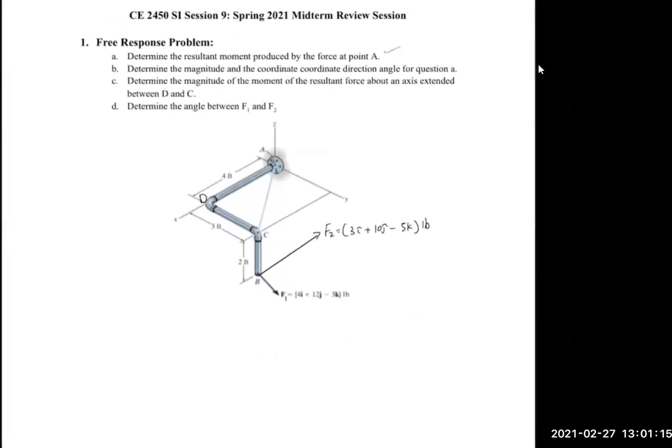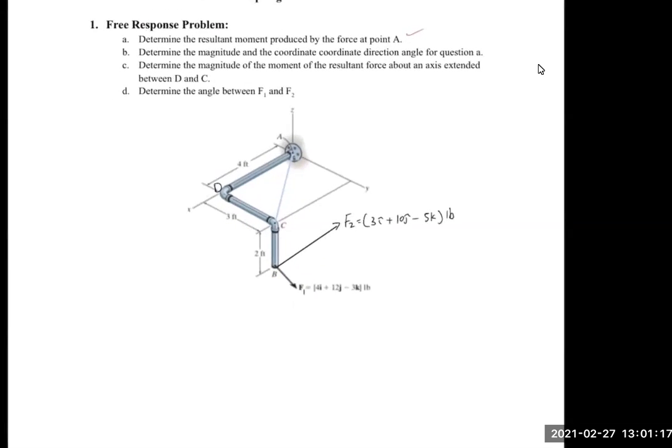All right, so let me see my solution right here. I worked this out last night, and let's just start this problem. Start with problem A. Determine the resultant moment produced by the force at point A. What we're going to do is that we want a moment at A, so moment at A equals R cross F. What's our R?